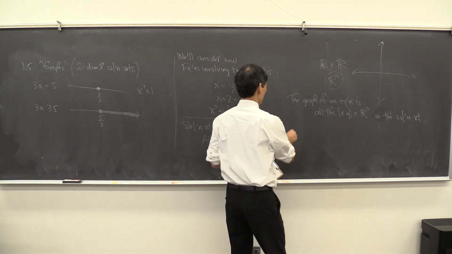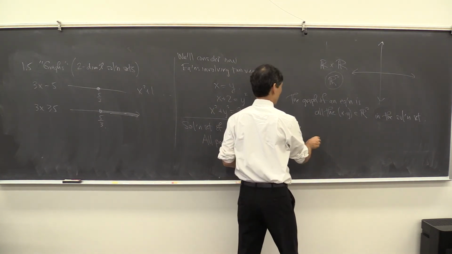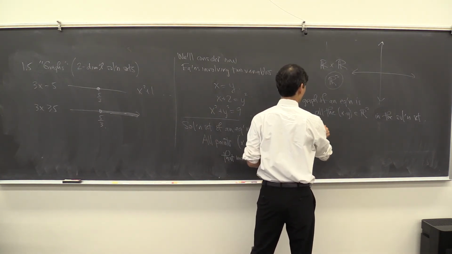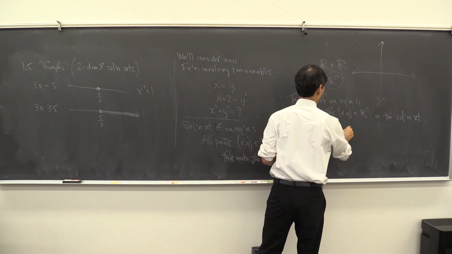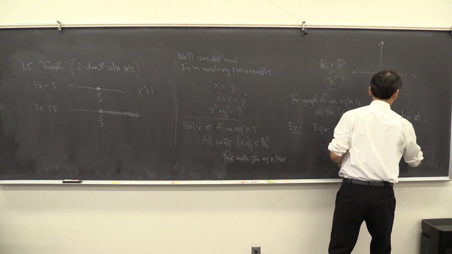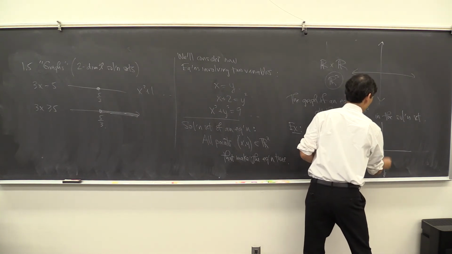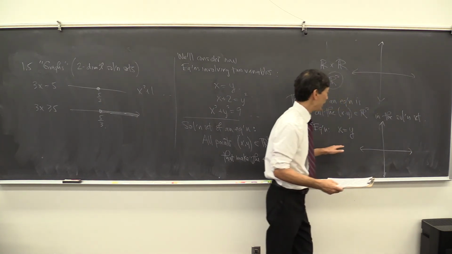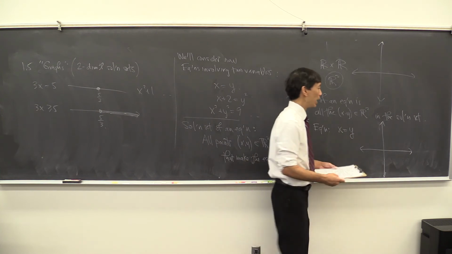Okay, so a simple example. If your equation is x equals y, then your graph is going to be all the points on the plane for which the x coordinate equals the y coordinate.